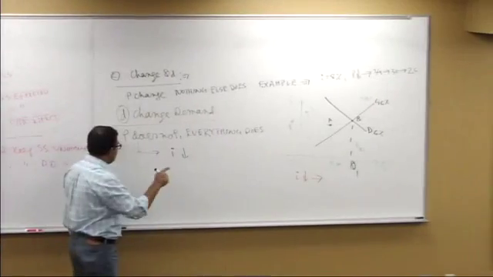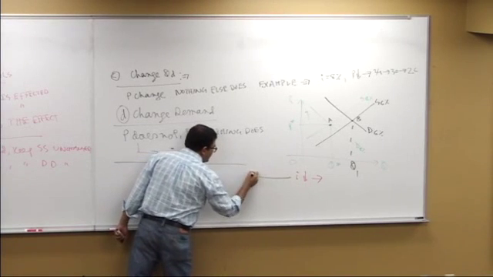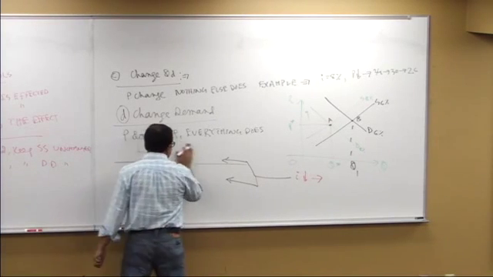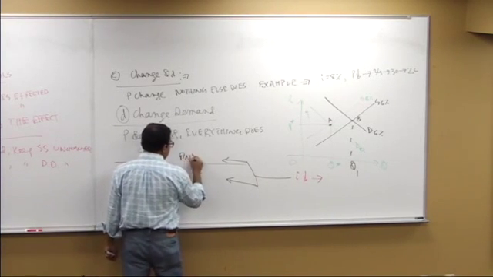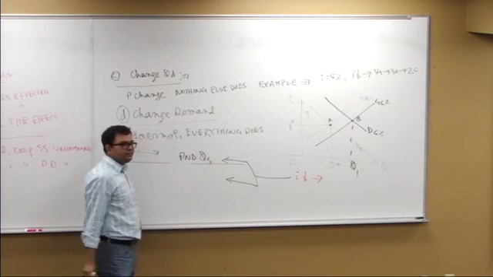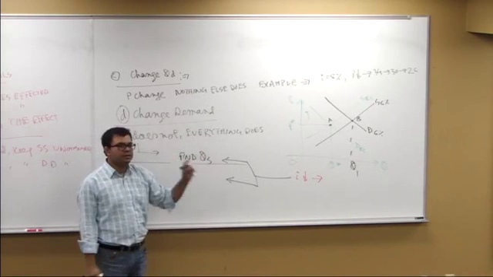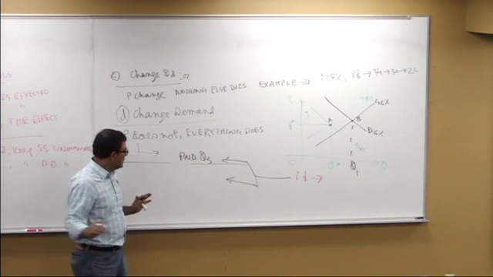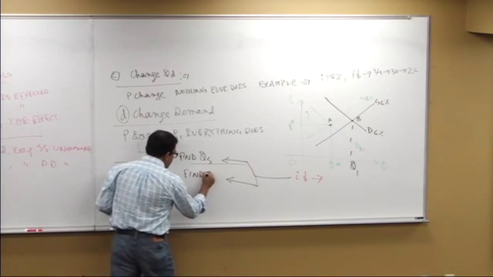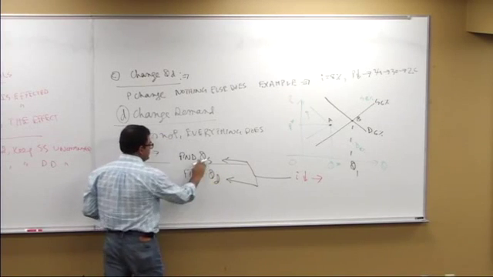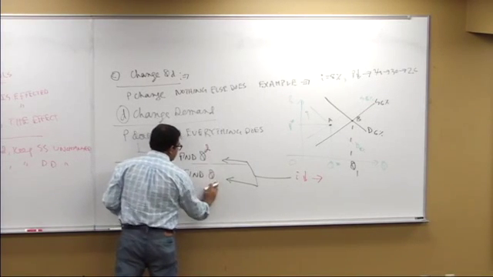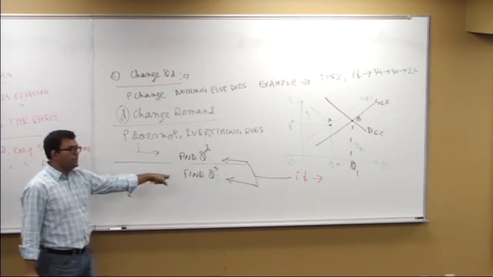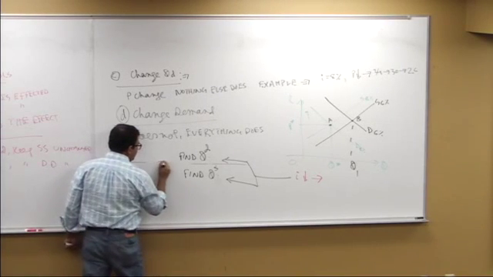So, when you are given this comparative statics, you will find the new QS by plugging the new interest rate in the original supply function. Are we clear on this? You will find the new QD by plugging the new interest rate in the original demand function and then equate them.